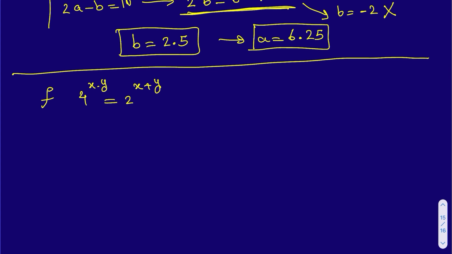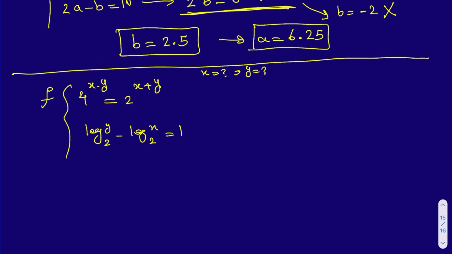Another one is log y to base 2 minus log x to base 2 is equal to 1. Okay, and here we need to simplify first to find the value of x and the value of y. We need to find the values of these two variables.